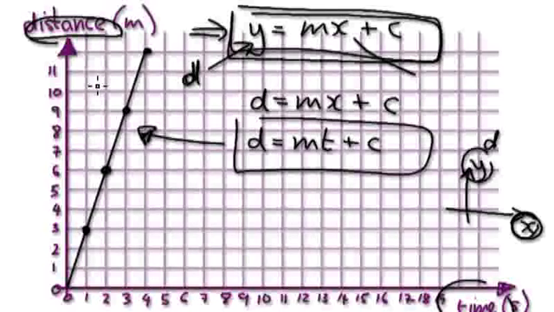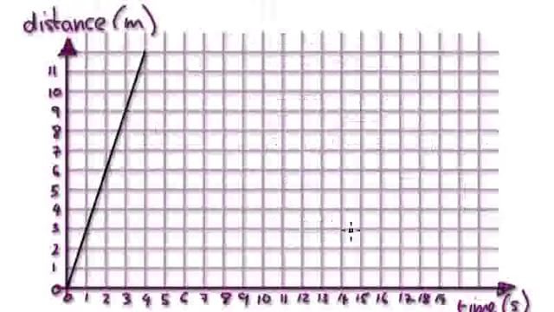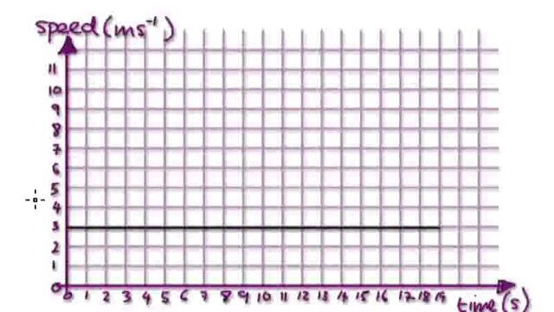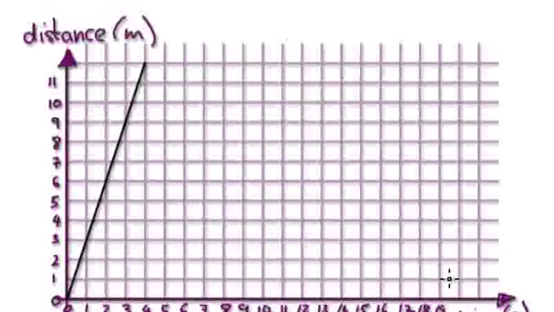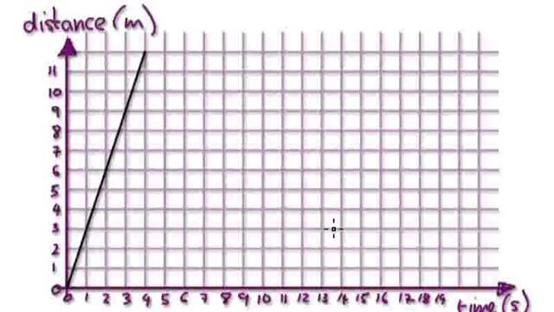But the weird thing is, when you are given a distance time graph here, the gradient here represents speed. So hang on. When we first started, we were given this speed time graph. Let's imagine you didn't have that speed time graph.